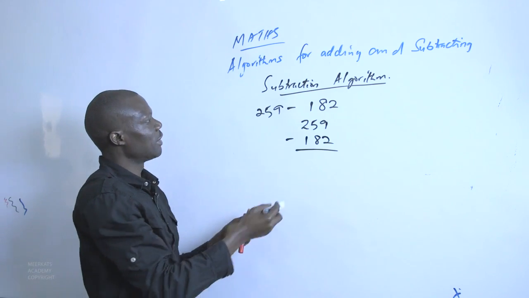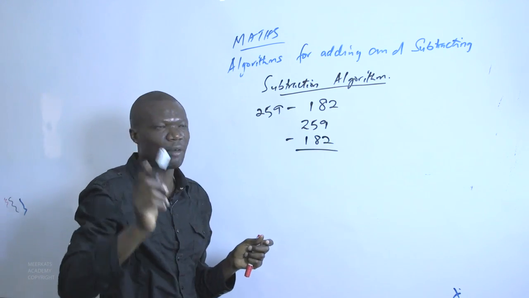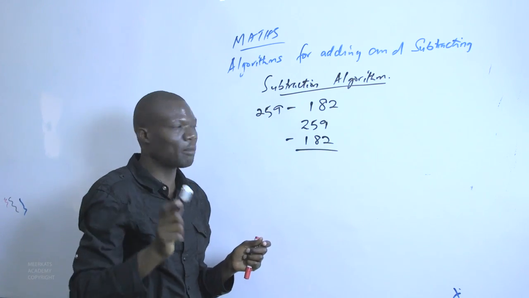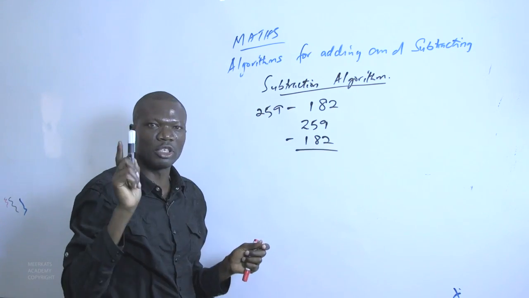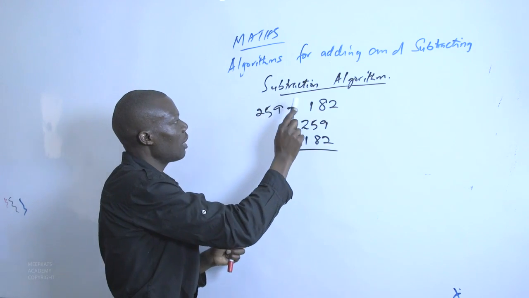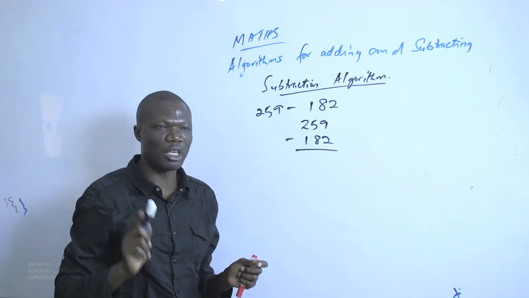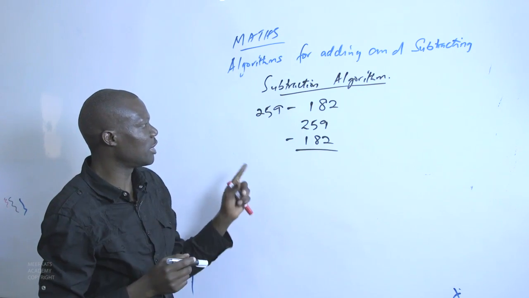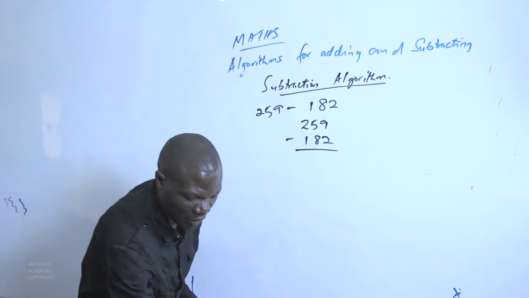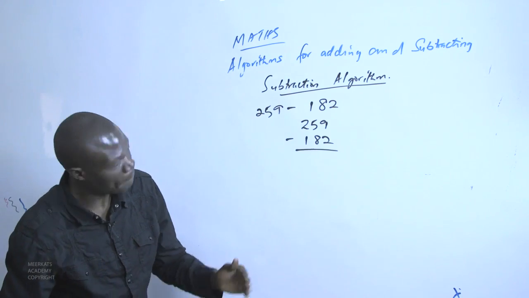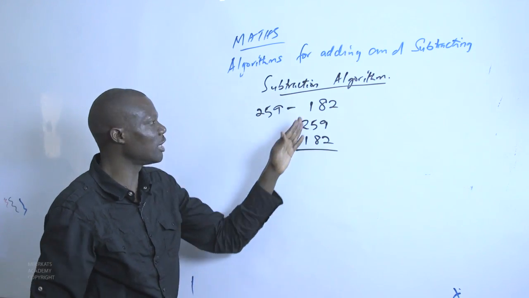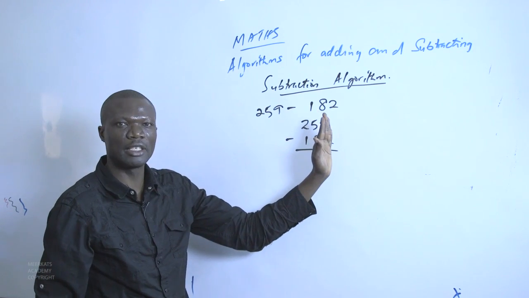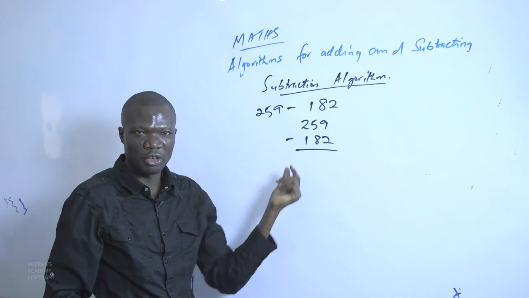You'll notice that 9 and 2 fall in the same place value of 1s. 5 and 8 fall in the same place values of 10s. 2 and 1 fall in the same place values of hundreds. So we have been able to handle the first step. The next step now is start the operation, and we are going to start subtracting the digits of the same column, but starting from the right, and it is top down.